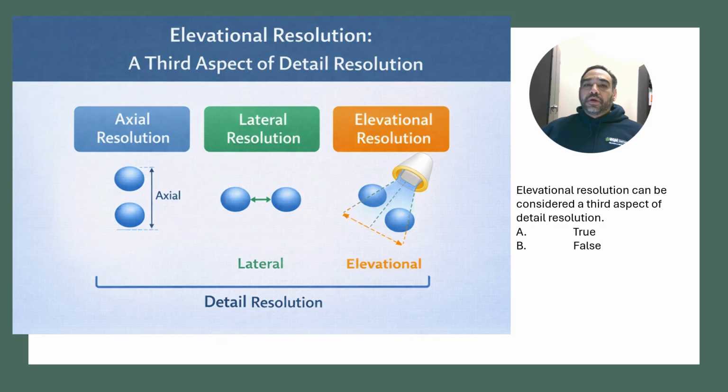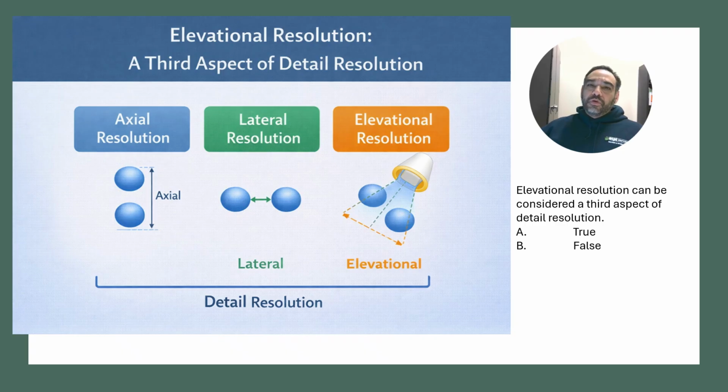Axial resolution, again, is along the direction of the beam, and that's determined by the spatial pulse length. The lateral resolution is side to side in the imaging plane, and that's determined by the beam width. And elevational resolution, so that's slice thickness, right? So it's the out of plane dimension, determined by section thickness. And because elevational resolution controls how we distinguish structures in the third dimension, it's absolutely considered.